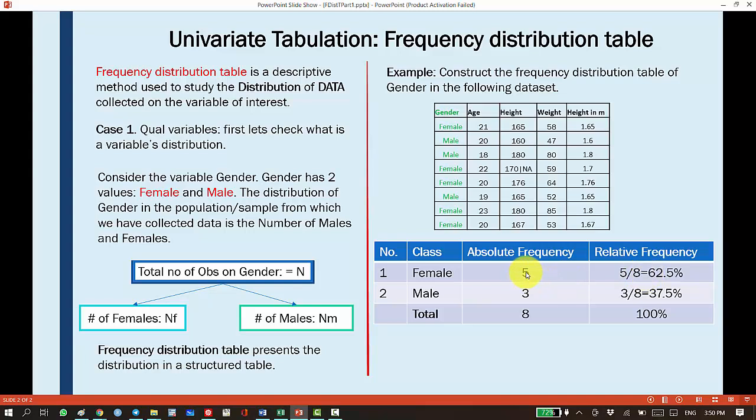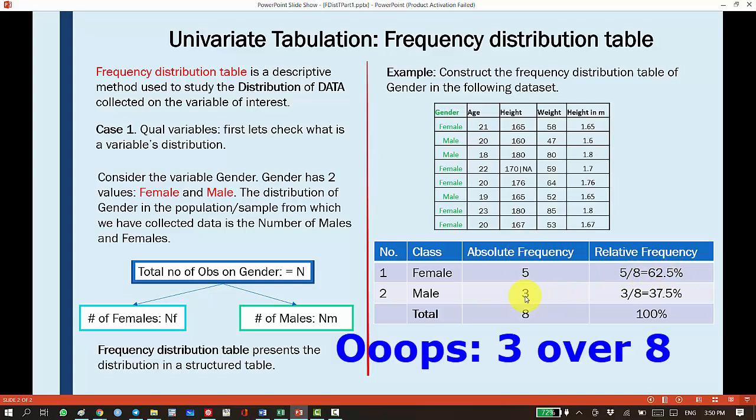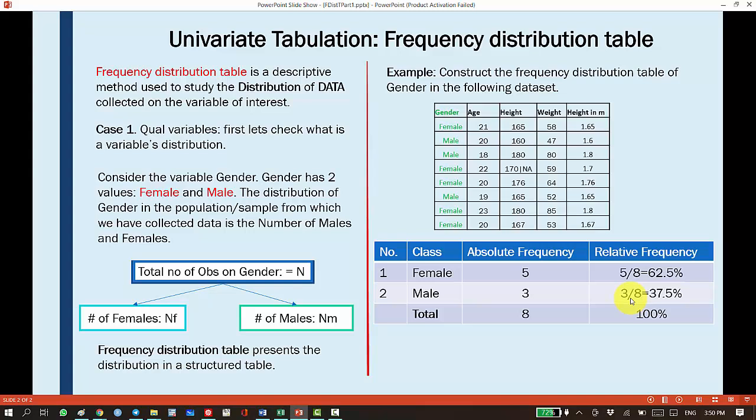The ratio of females is 5/8, which is 62.5%, and the ratio of males is 3/8, which is 37.5%. If you're not sure how to find this, simply divide 3 by 8 and multiply it by 100, then you get 37.5%. And of course, the total of the two is 100%.